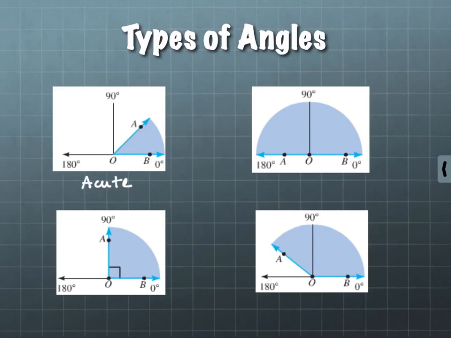The one right next to it, which is sometimes not considered an angle, is actually called a straight angle. And again, some resources, some books you might teach out of might not even mention it. The one underneath the acute angle is a right angle. And then the last one here is called an obtuse angle.